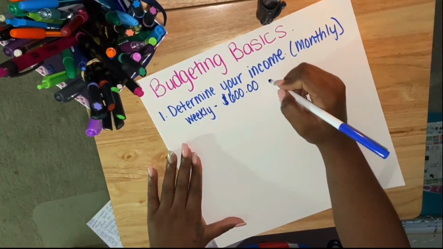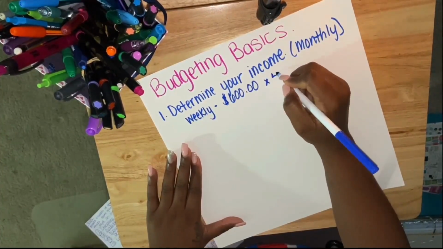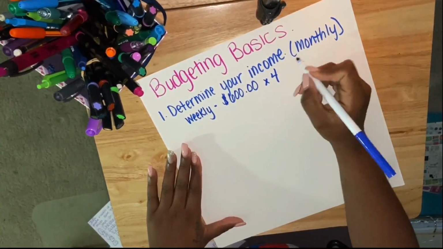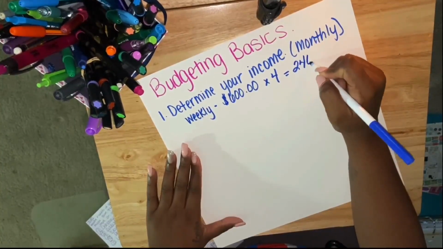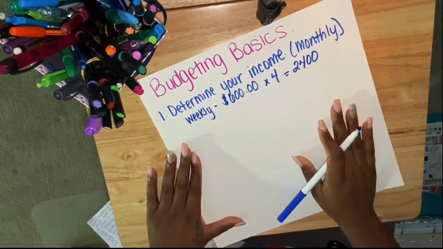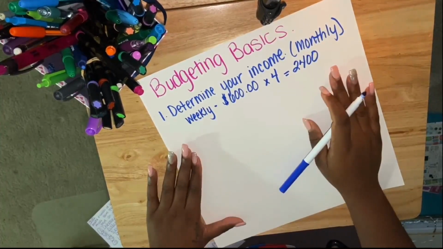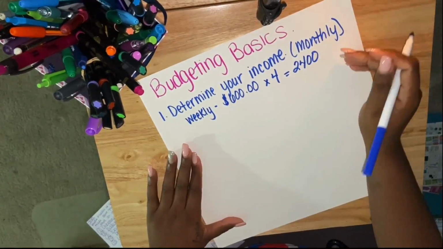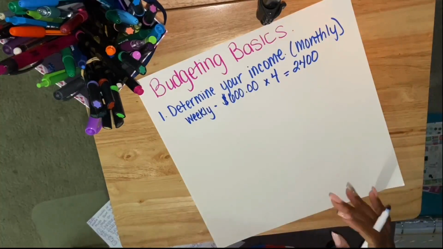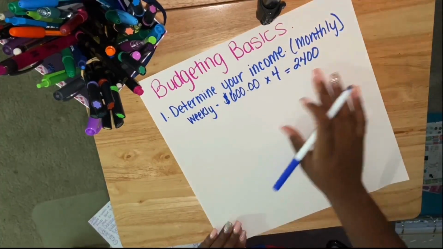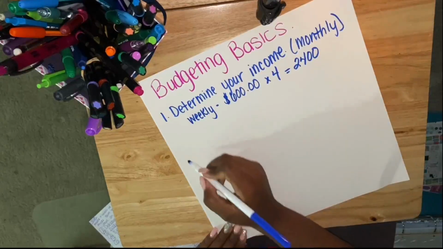Then you times that by the number of weeks, which is usually 4, and it will give you a monthly budget of $2,400. Or even you can add that extra week for things like 5 weeks in a month that you get paid. Okay, so you would determine your income.